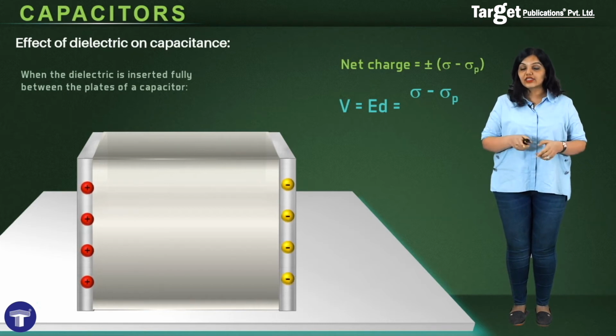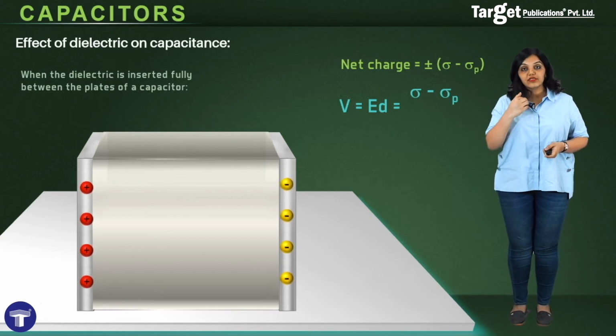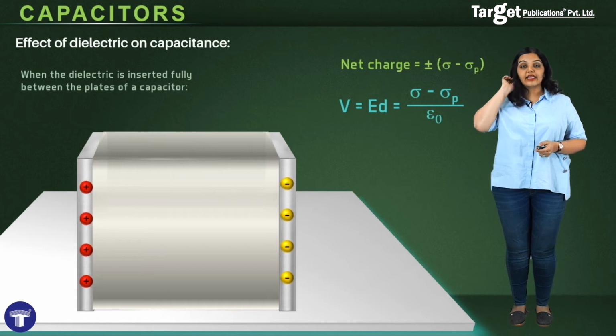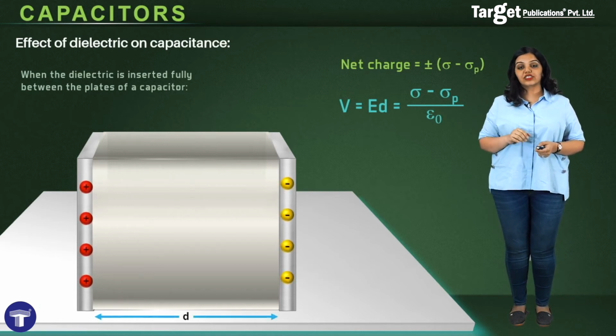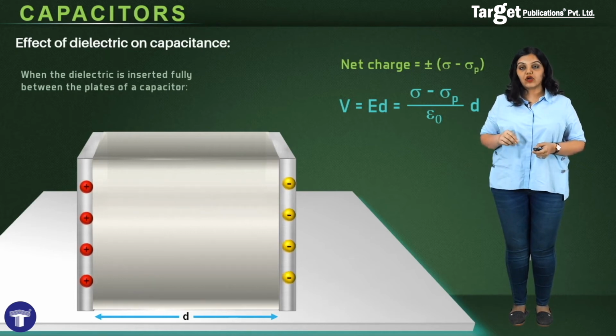So V is equal to sigma minus sigma p upon epsilon naught, into d, where d is the distance between the plates. This is equation 1.